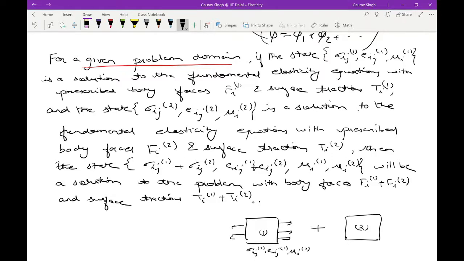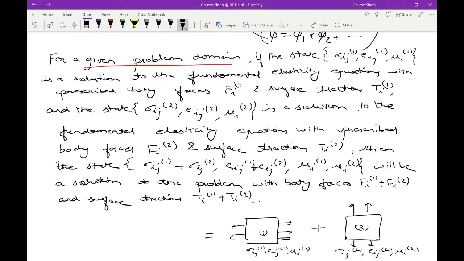Now in the second situation, say your loadings are like this, and then you have the solution, meaning any point inside this solid has this stress and strain and displacement field.